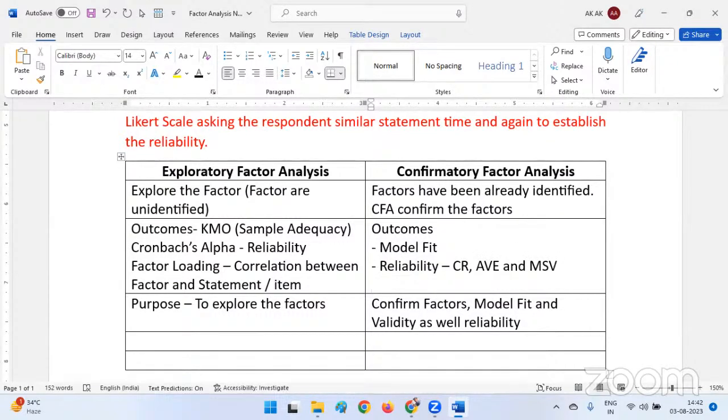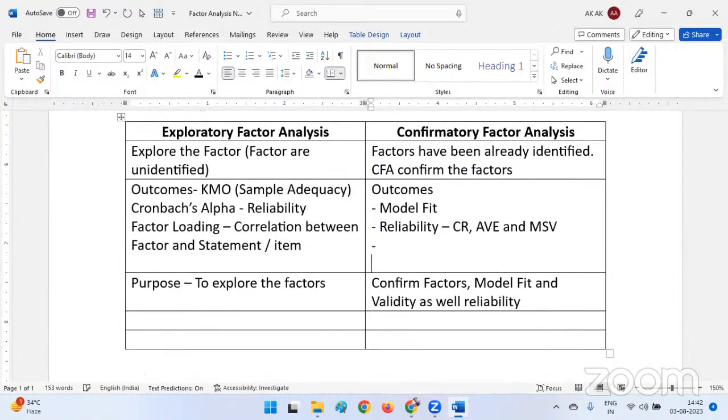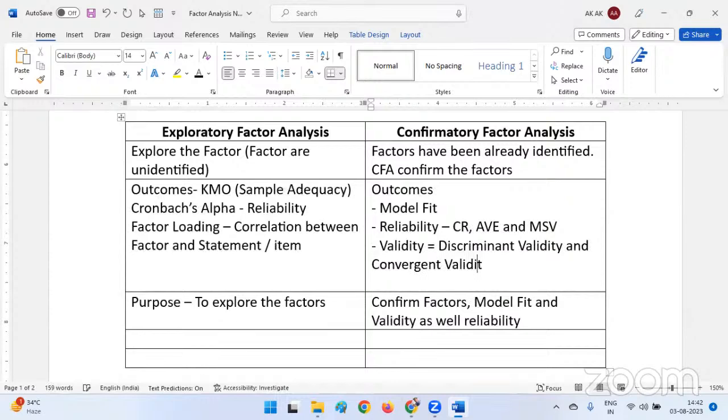These are some measures, you need not worry about them. I'm just telling you, and then you check the validity. There are 2 types of validity: discriminant validity and convergent validity. So these 2 validities we check.